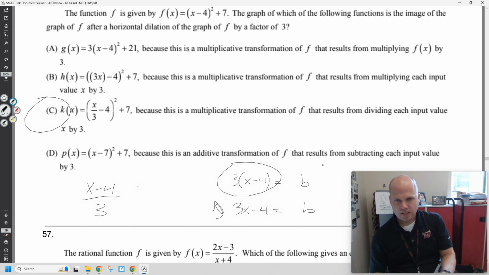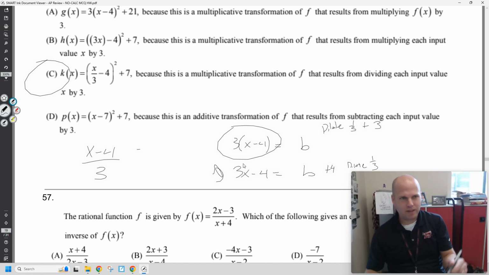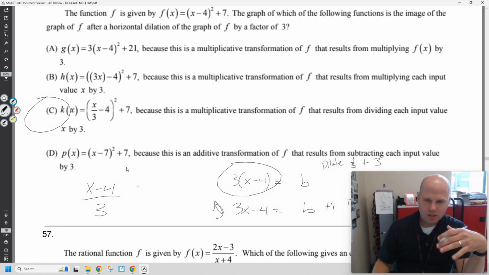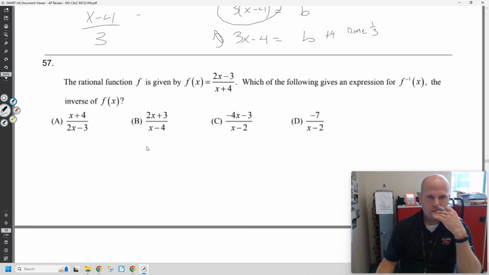This is dilate and then add. This is add, then dilate. I don't think we're going to worry about it though. This is a weird one because it's not in parentheses. Anyways, if you skip that, great.